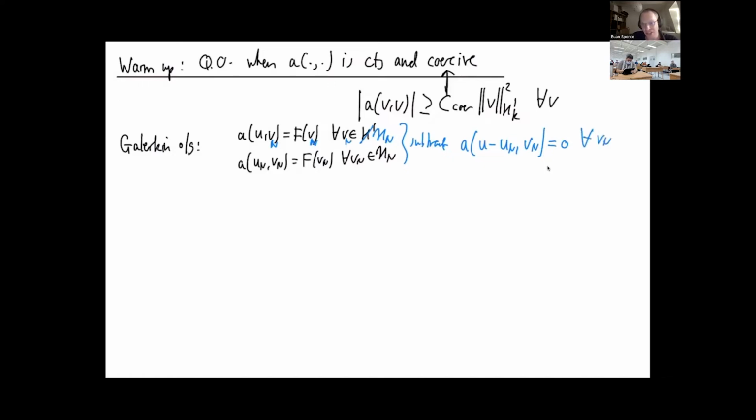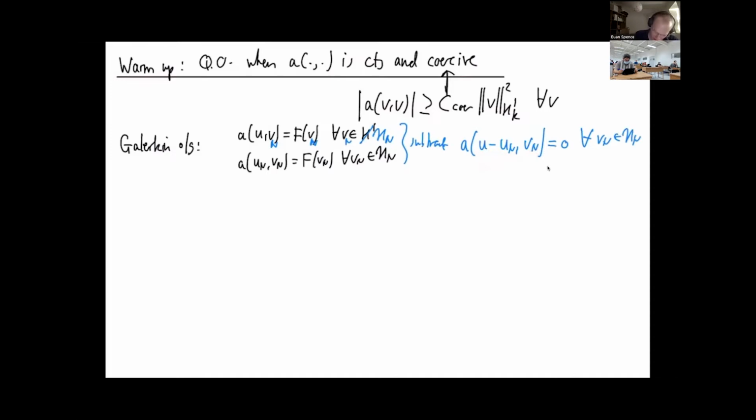Okay, and so this is called Galerkin orthogonality because in this coercive case, if a is symmetric, then a is actually an inner product, and this is saying that the Galerkin error is orthogonal to everything in that inner product, orthogonal to everything in this space Hh.